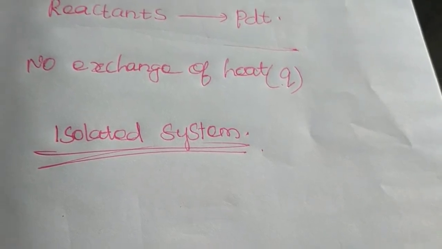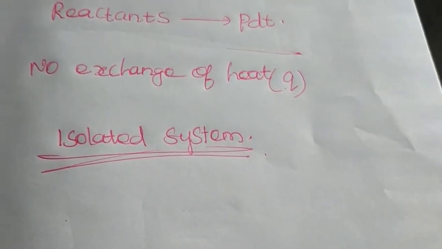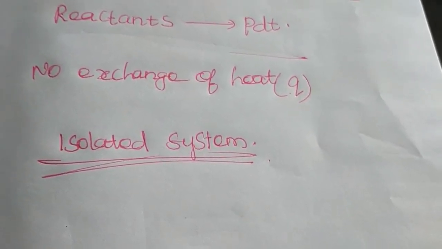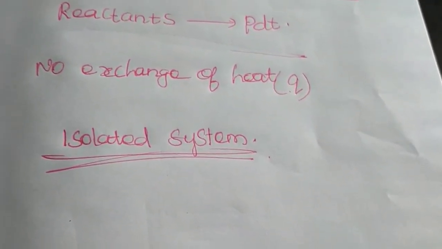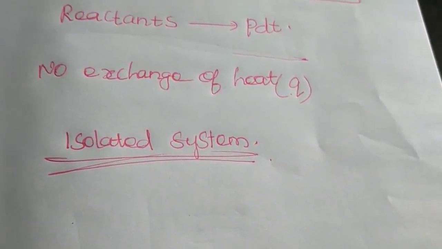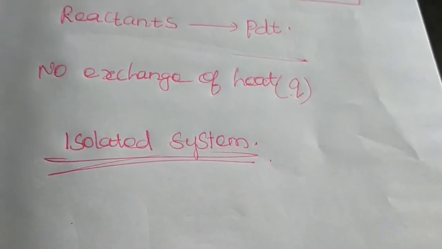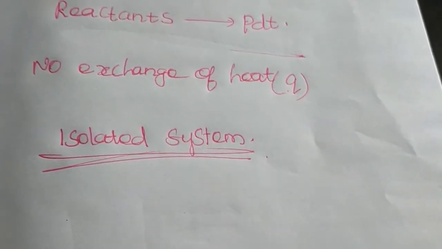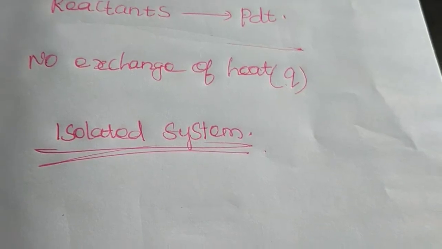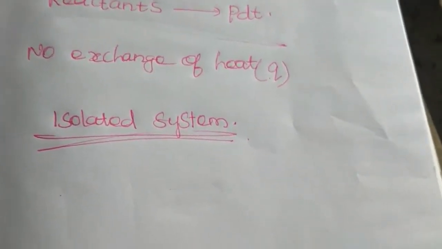That means the water or milk filled in the thermoflask does not release its heat into the surrounding, and there is no transfer of heat from outside to the liquid inside the thermoflask. So that is an isolated system.